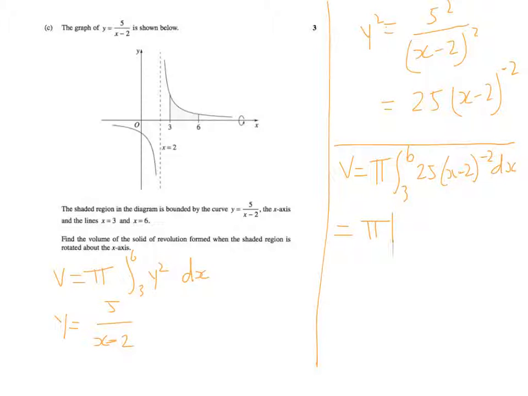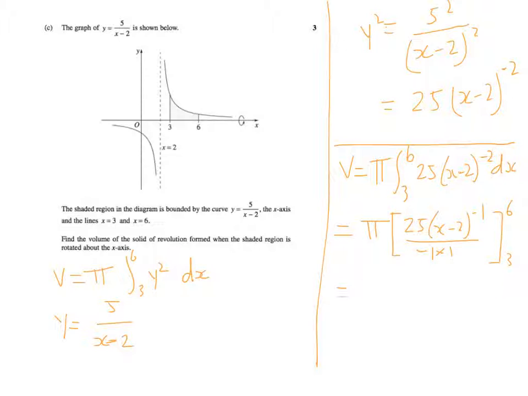Leave that pi out the front there, and we'll end up with 25 x minus 2 to the minus 1. Now, nice thing here is that we really don't have to do a whole lot with this reverse chain rule. Now I'm going to be dividing by the new power, negative 1, and by the coefficient of x, 1, and still between 6 and 3 there.